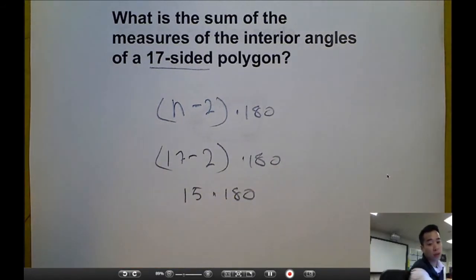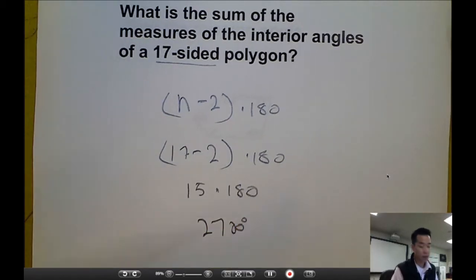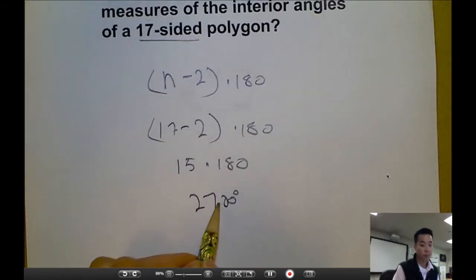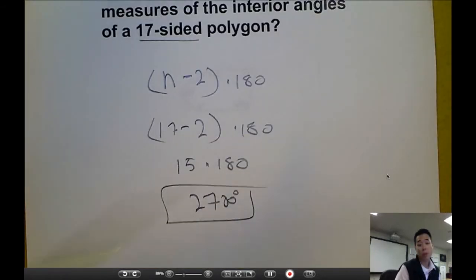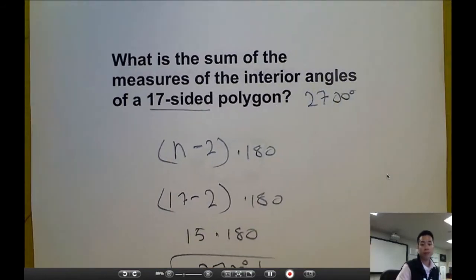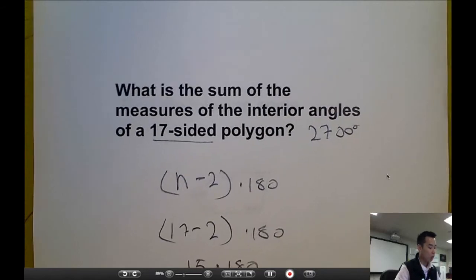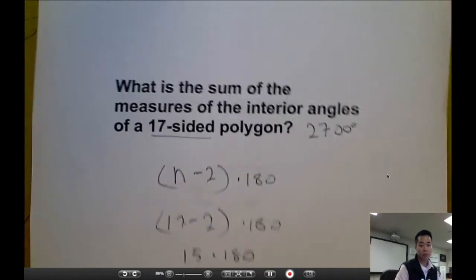Okay, and make sure you guys are writing this step by step. Don't try to skip steps. Okay, and then we have 15 times 180 equals 2,700 degrees. So that would be the sum of the angles of a 17-sided polygon, 2,700 degrees. Okay, let's do another example.